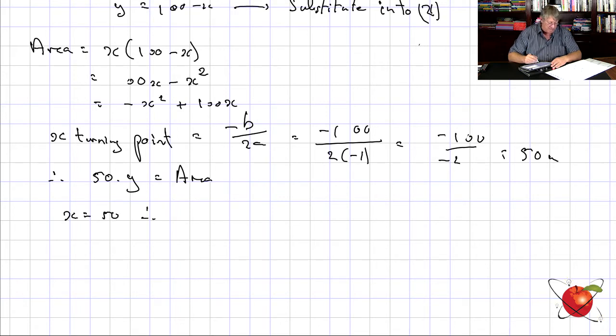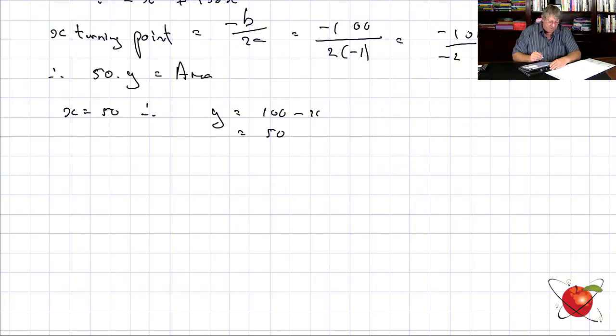Therefore, we just put y is equal to 100 minus x from up there. Okay, 100 minus x. So that's going to be equal to 50. So essentially we've got 50 times 50. Okay, so my area is going to be 2,500. 50 times 50. Right? In other words, it's given us a square.